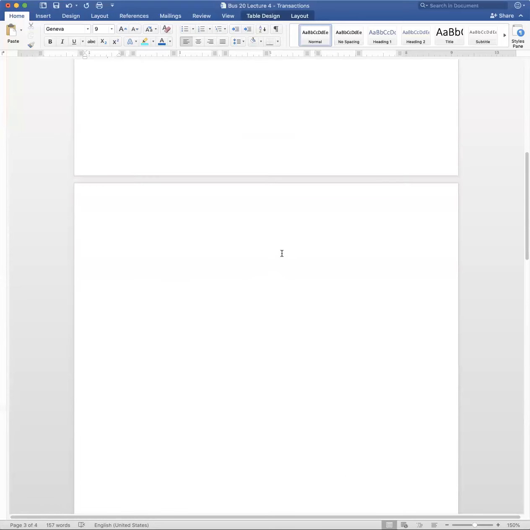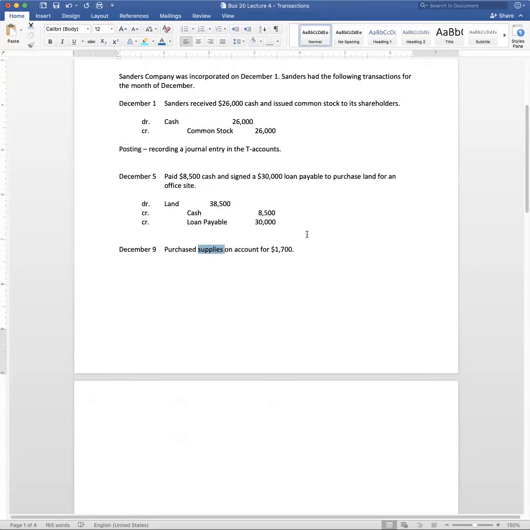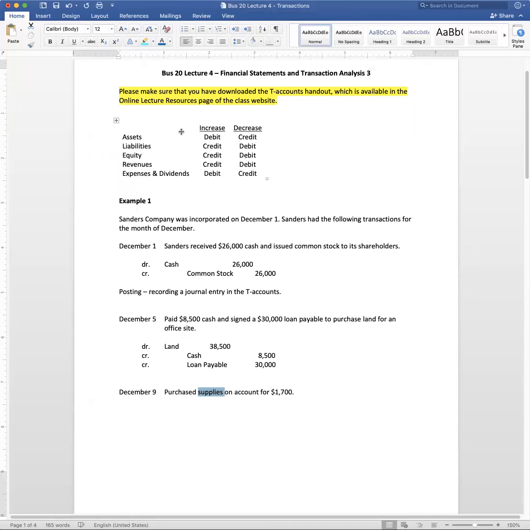Okay, let's try another transaction. So if we go back up, then on December 9th, the company purchased supplies on account for $1,700. Okay, so they're purchasing supplies. Supplies are an asset. So if we're buying supplies, we have more, so we're going to debit supplies.